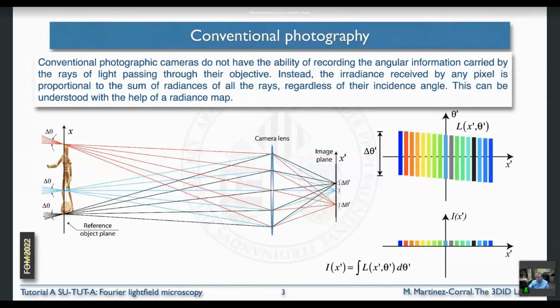Here we have 2-dimensional information, x and theta, and here we have integrated over theta. And this is the photography. So we can see that in conventional imaging, due to the integrating capability of pixels, what we are obtaining is the projection of the light field over the spatial axis.